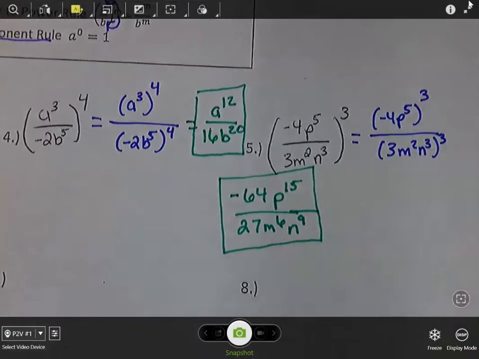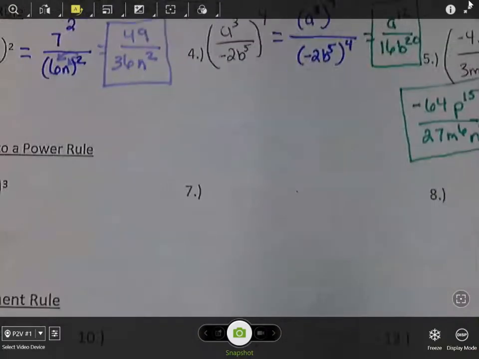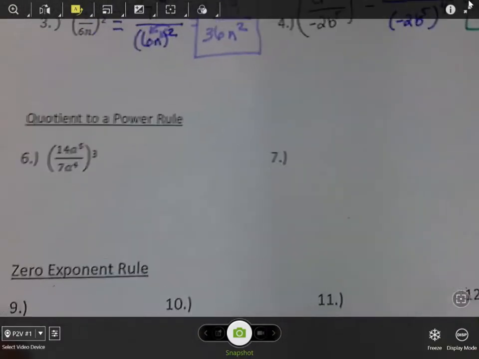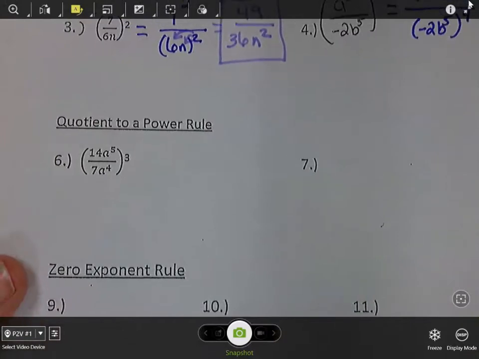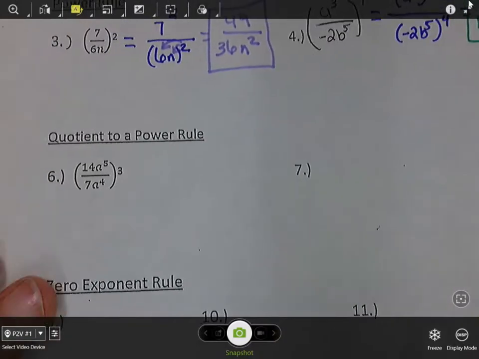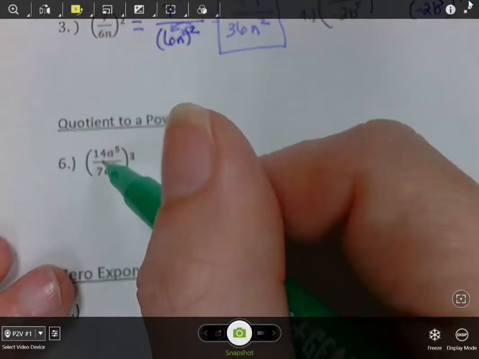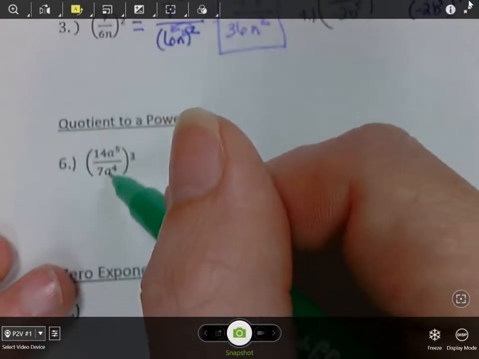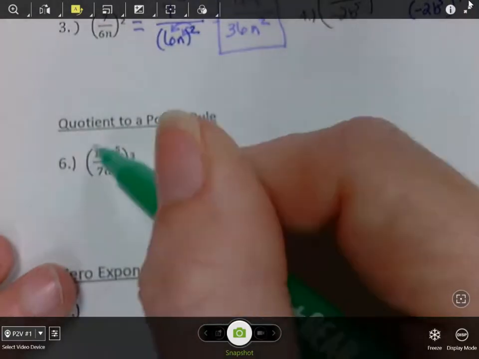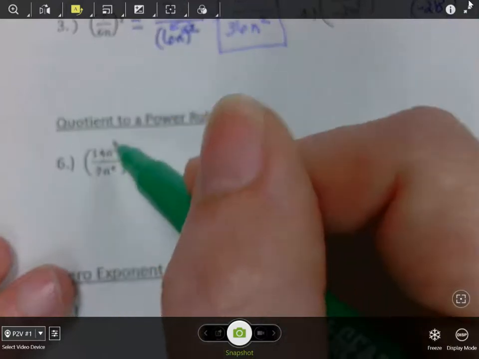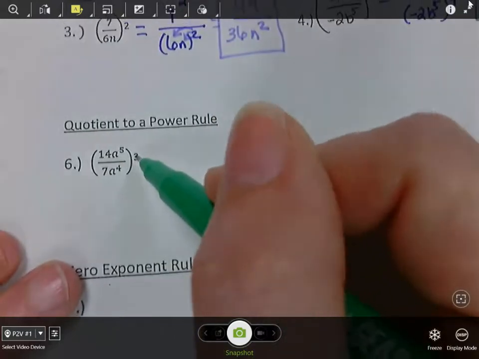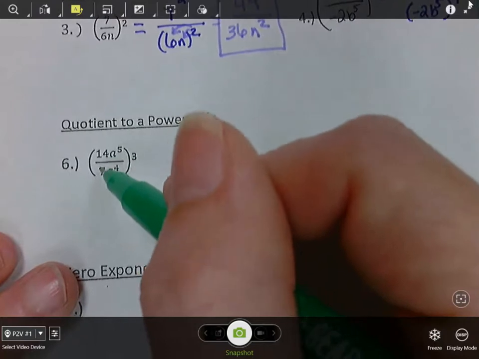Fine. All right, let's do number 6. Quotient to a power rule. Notice you have 14a to the 5th over 7a to the 4th. I can reduce this and make it smaller before I raise it to a power. Notice 14 divided by 7.